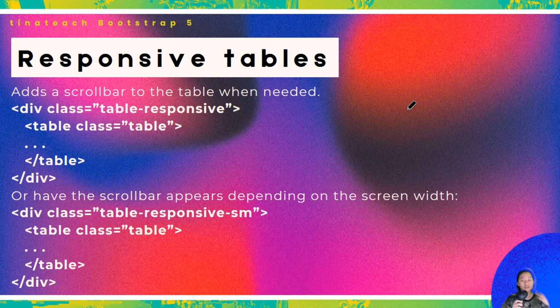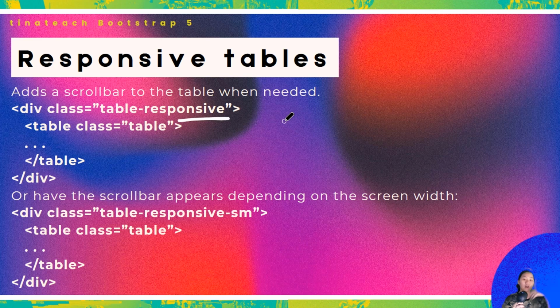Now this is very easy to do. The only difference between responsive tables and the basic table is that you just write table responsive. Okay, table responsive. And what is this responsivity? It adds a scroll bar to the table when needed. Sometimes you use a smaller device or you resize your browser window.